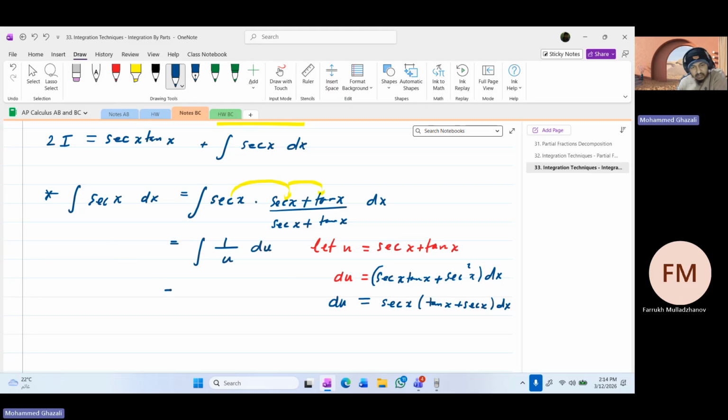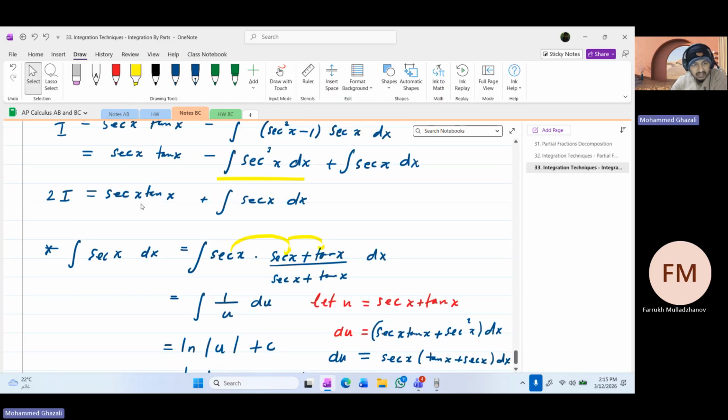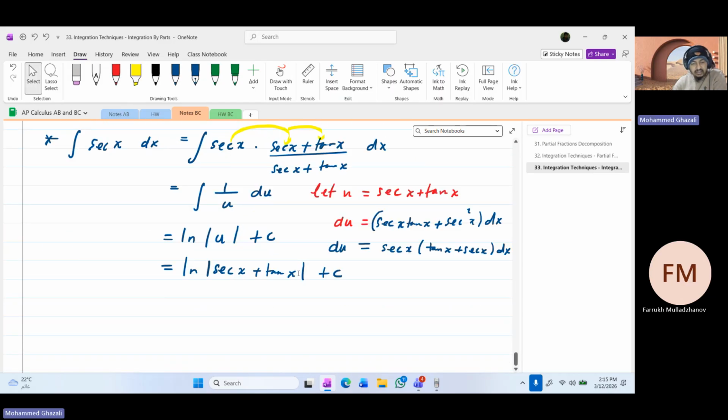And what's the integral of 1 over u? ln of the absolute value of u plus c. What's u? u is sec x plus tan x. Right, so what's my final answer here now? Remember we had 2I, so I'm going to divide everything by 2, or multiply by half.